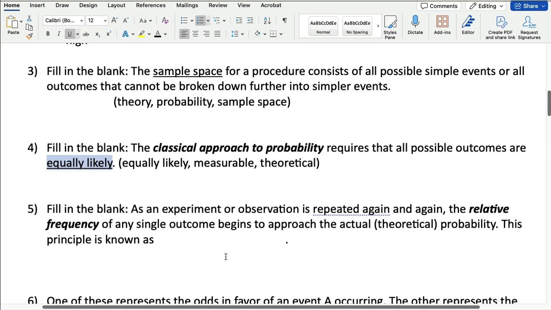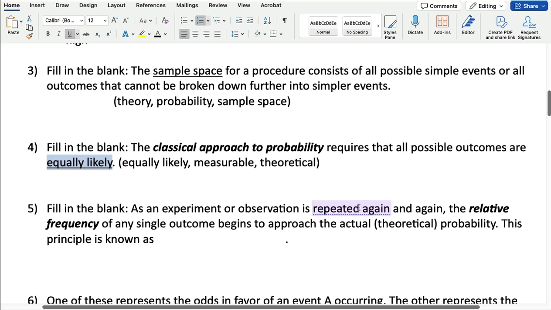Let's do one more fill in the blank here. As an experiment or observation is repeated, so if you repeat something again and again, then we calculate the relative frequency of any single outcome.